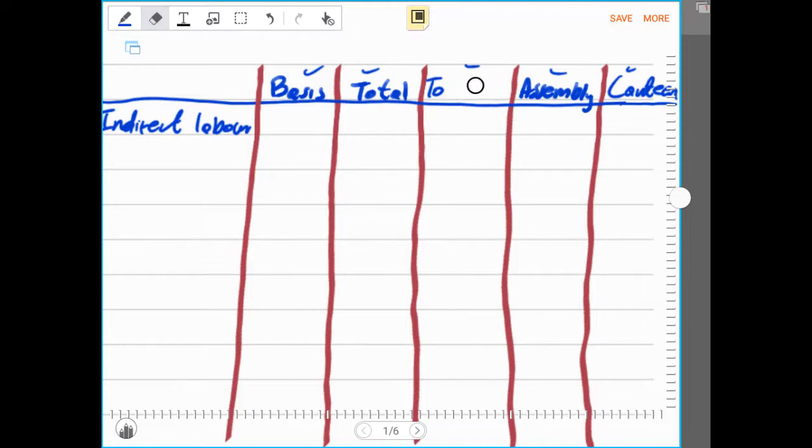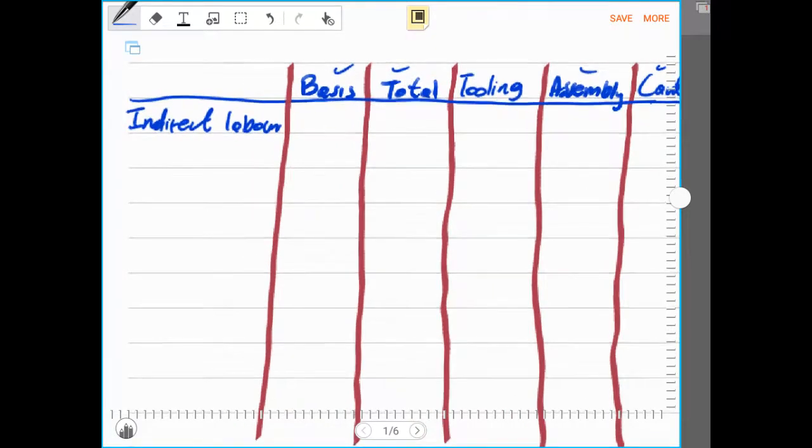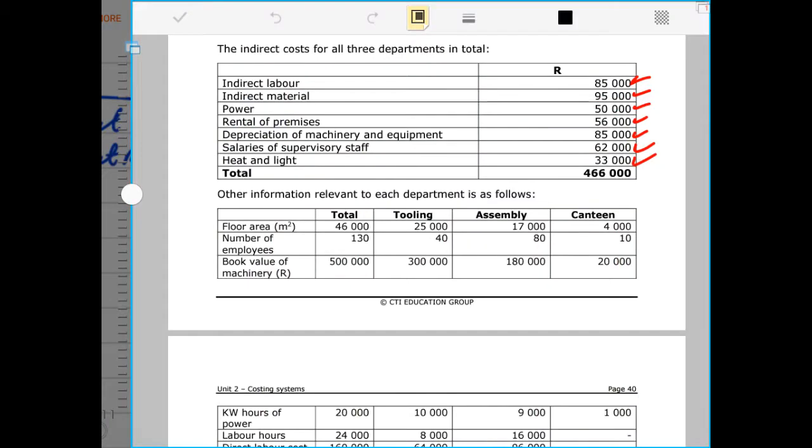Tooling department, assembly and canteen. Then we have indirect material. Now our indirect labor, we have to check which base will be relevant to allocate the indirect labor.